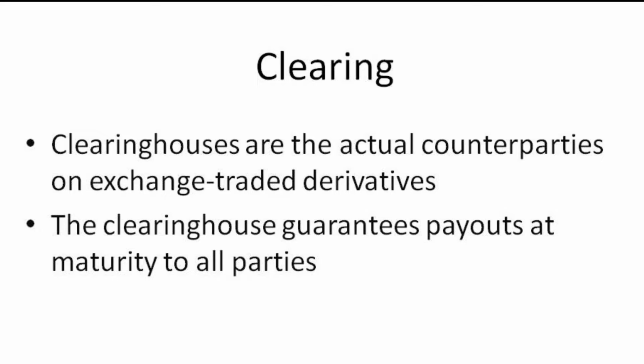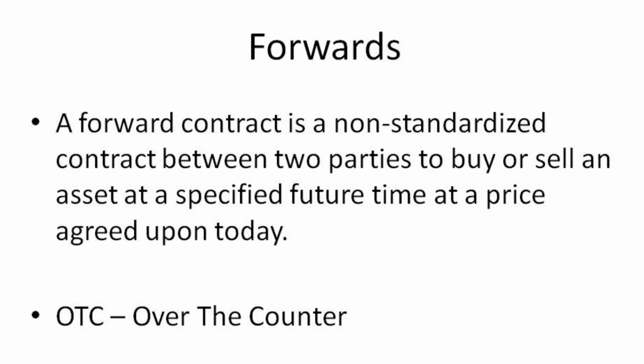The clearinghouse charges a fee on every futures transaction and holds the margins. So should the person on the other side of your cleared derivatives trade go bankrupt, because you're really trading with the clearinghouse, it will still guarantee your payout if you are the winner in that transaction. So that is clearing.